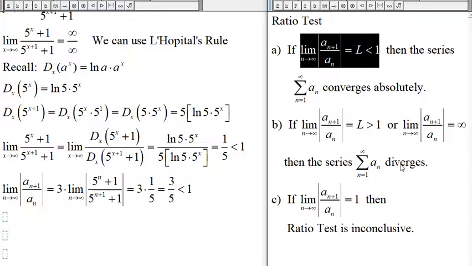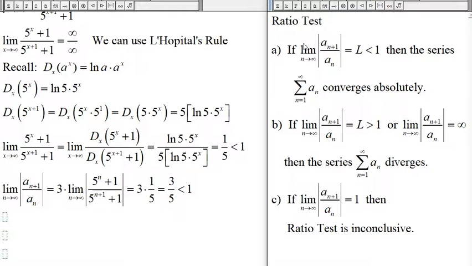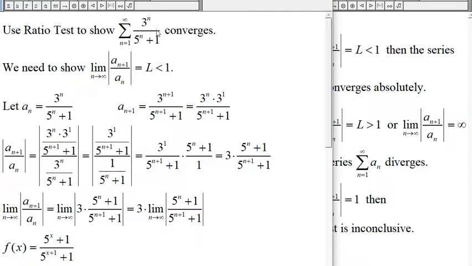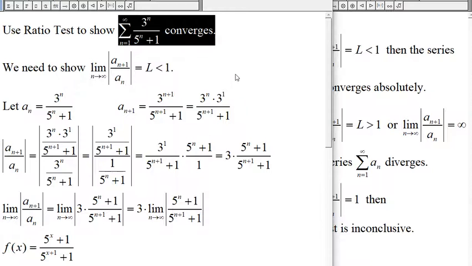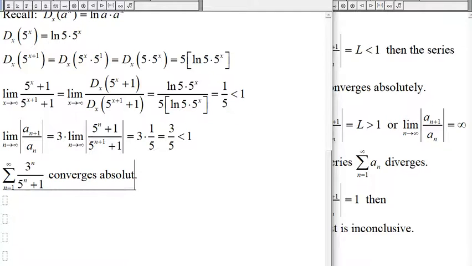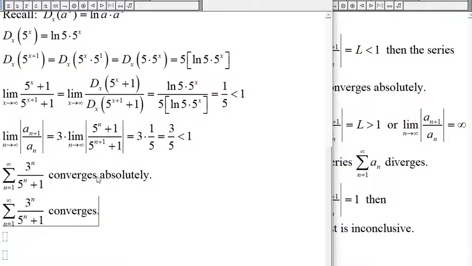And therefore, by the ratio test, if we can show that the limit of a sub n plus 1 divided by a sub n is equal to a real number less than 1, then we can say that the series converges absolutely. So we can say that this series right here converges absolutely. And if a series converges absolutely, then it means that the series converges regularly.